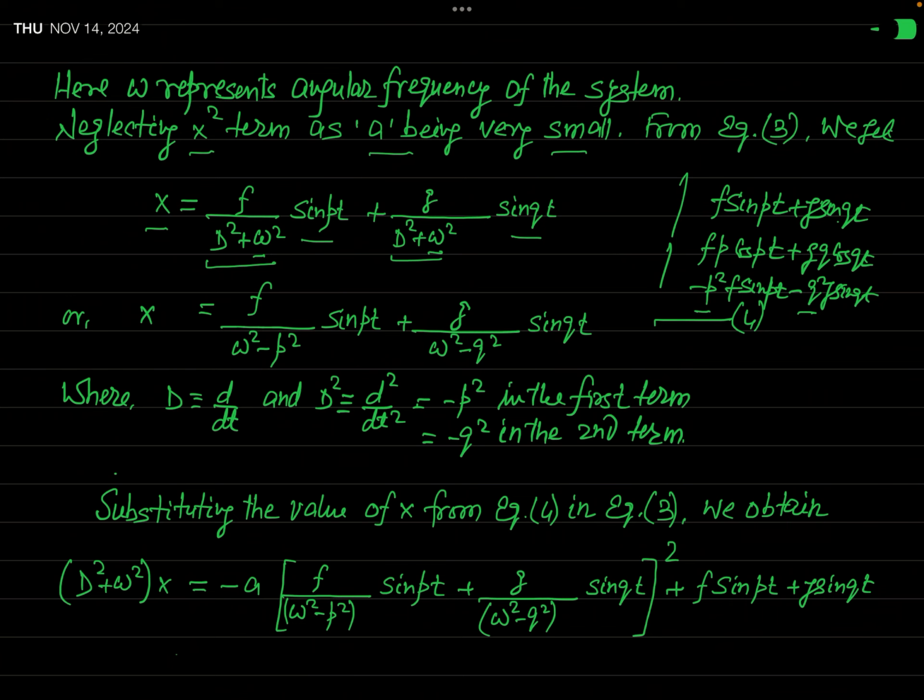So in the first term D² can be replaced by minus p², and in the second term it can be replaced by minus q². So the expression for x becomes f divided by (ω² minus p²) sin pt plus g over (ω² minus q²) sin qt.